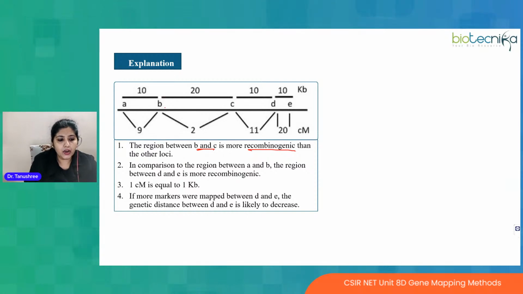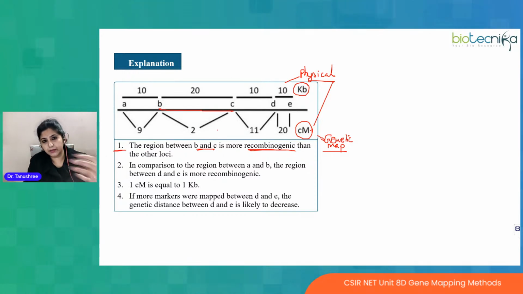Now, if you see the units, you can understand that here we are talking about the physical map, because the distances are measured in base pair, and in genetic map, the distances between the genes are measured in centimorgan, right? As the statement is about recombinogenic, that is, according to this option, the region between B and C has more chances to undergo recombination than other loci.